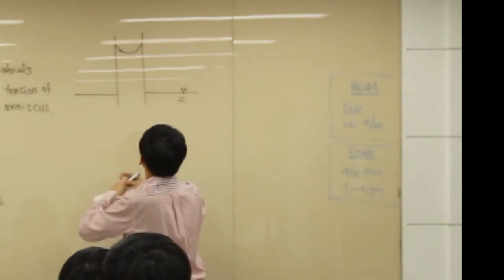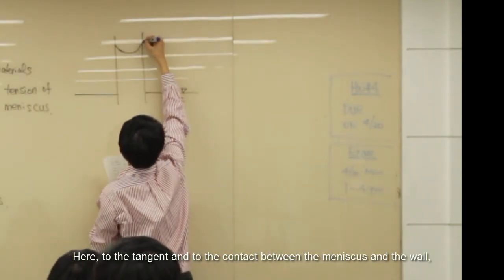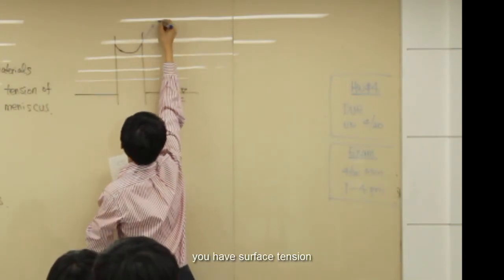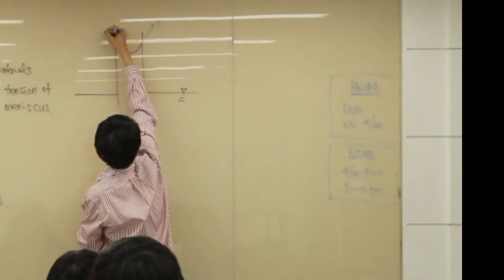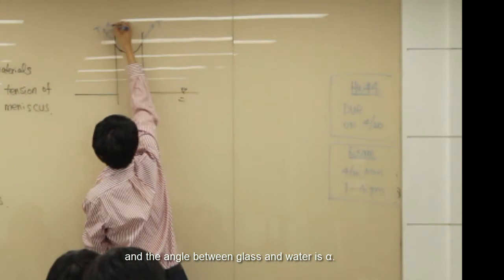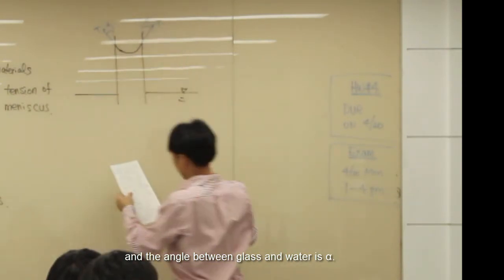And here, tangent to the contact between the meniscus and the wall, we have a surface tension. The angle between this is called alpha.